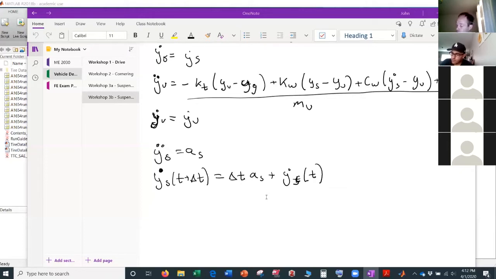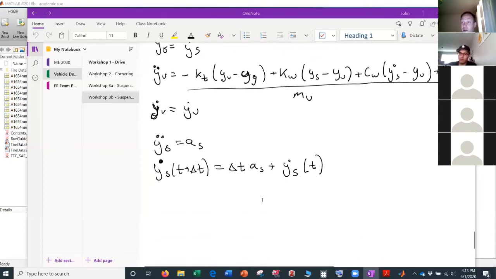So this is y sprung. Basically, the new velocity is what you were accelerating at, times that small change in time, plus your old velocity. So we know the acceleration, we can do that.